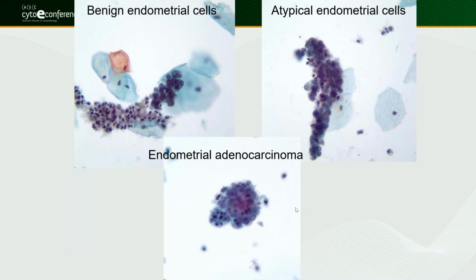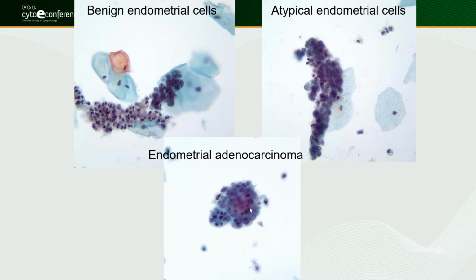So this is the summary picture for the endometrial cells. Again, this is your normal benign endometrial cells. This is atypical, and this is the adenocarcinoma. So the cell size becomes more enlarged, and it's a little more hyperchromatic and irregular, with nucleoli.